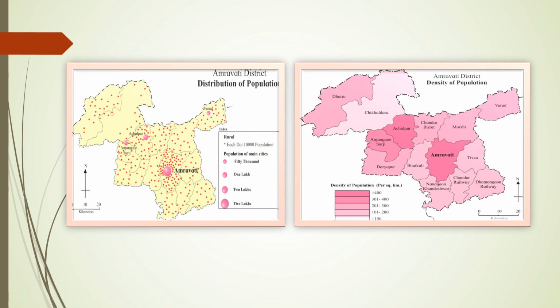Both the maps have shown the distribution of population, but in dot method they have shown dots, and as the value changes, the size of the dot changes. And in the choropleth map, as the density of population changes, the shade of the color changes. But the best way to show distribution of population is dot method. So this was regarding your choropleth map.